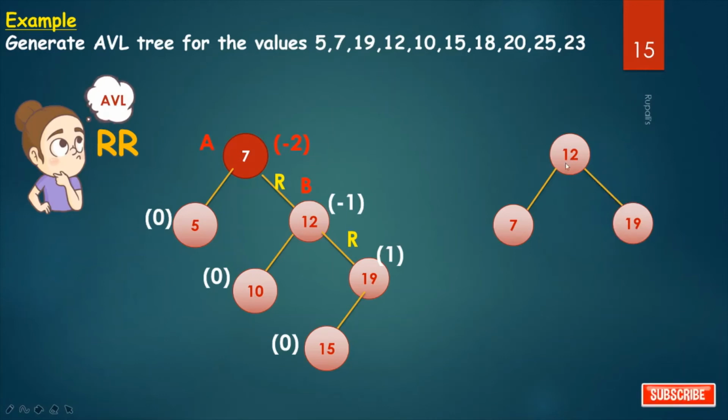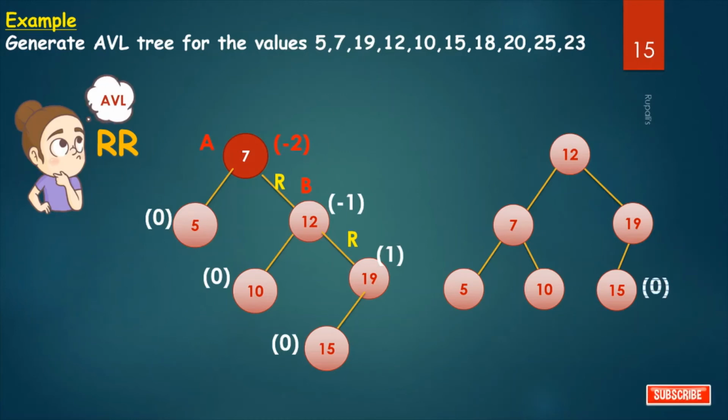This one is B, this one is A, and the right of 12 is 19. Rearrange the whole thing. So left of 7 is 5 and right of 7 is 10 and left of 19 is 15. Now check the balance factor. It is 0, 0, 0, 0, 1 and 0. So our tree is balanced now.